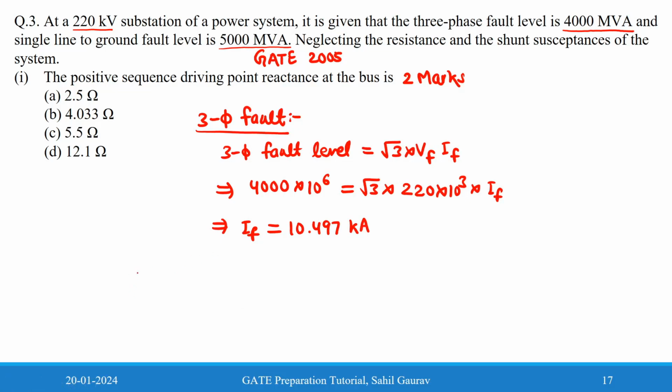Now this fault current is coming as 10.497 kilo ampere, and we know that fault current is equal to the phase voltage divided by x1 for three phase fault analysis.